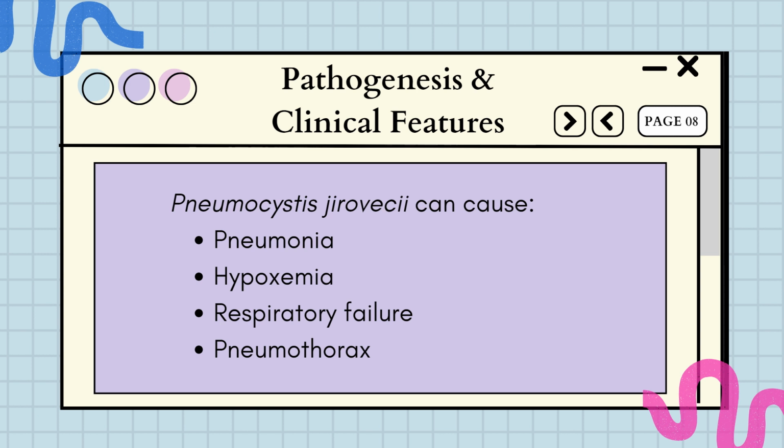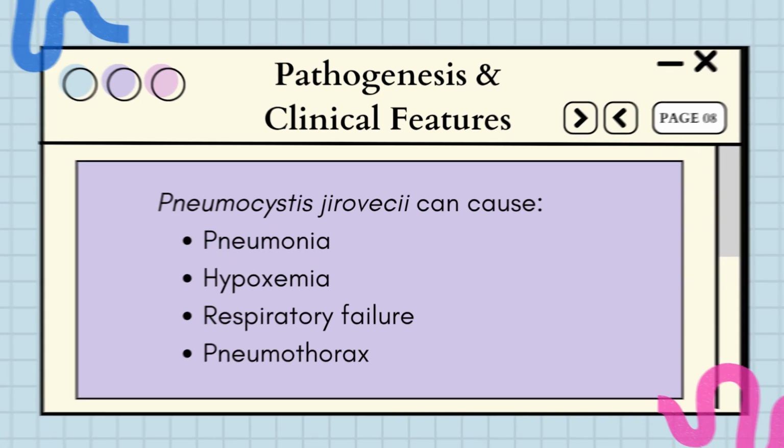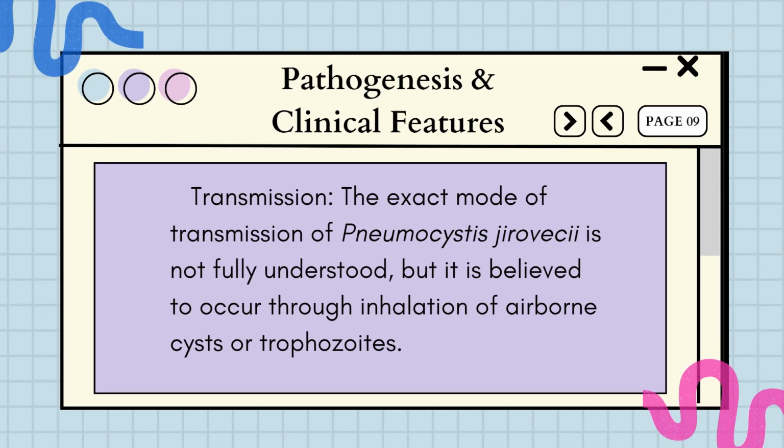This happens when air leaks into the spaces between the lungs and the chest wall. The exact mode of transmission of the Pneumocystis jirovecii is not fully understood, but it is believed to occur through inhalation of airborne cysts or trophozoites, which, as I said earlier, is the infective stage of the parasite.